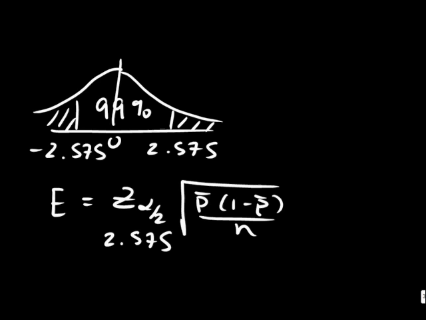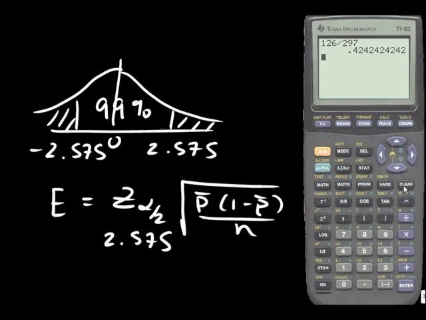Entering this in our calculator, we'll get 2.575 times square root. We're going to have to do a double parentheses again. We have to know what the sample proportion is. It is 0.4242 times parentheses 1 minus 0.4242.